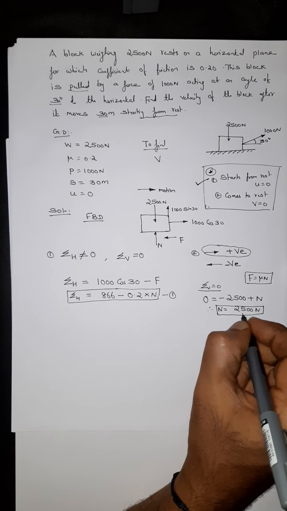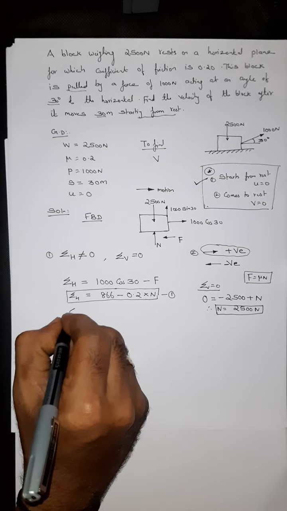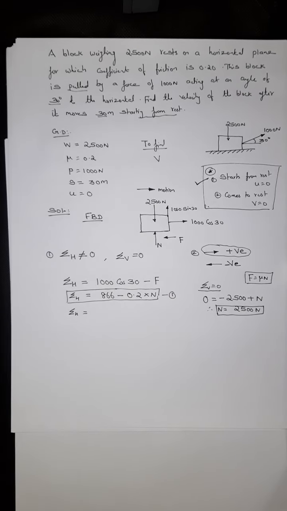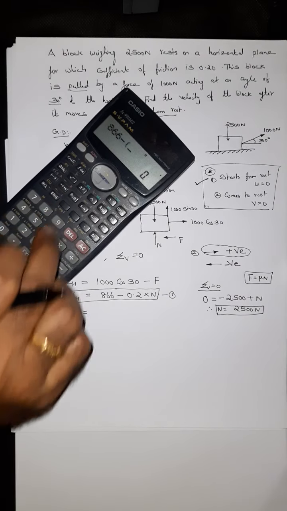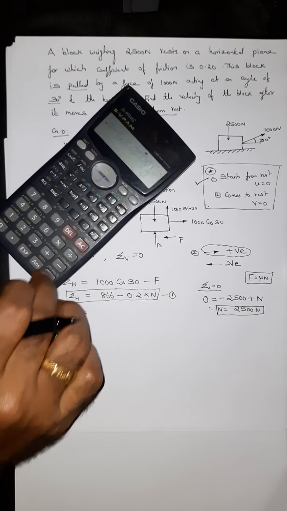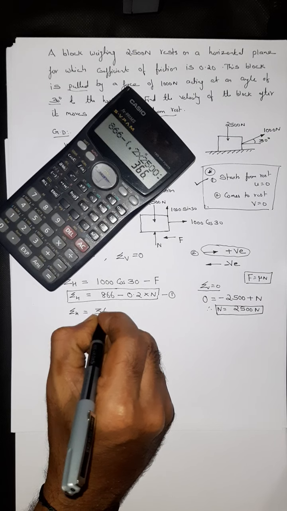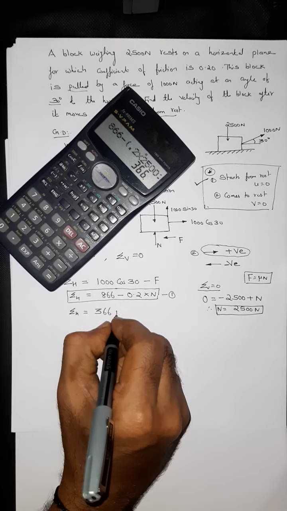Now substitute this N value in equation number 1. So summation H is equal to 866 minus 0.2 into 2500, which works out to 366 Newton.